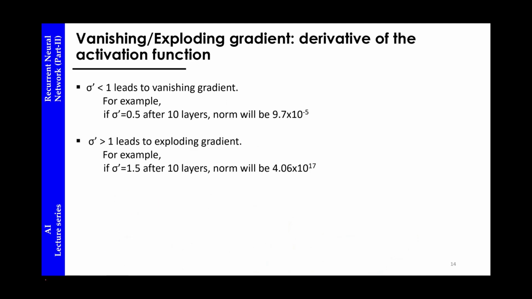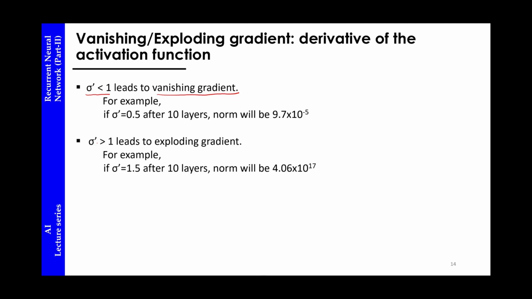First, let's start with the activation function. You know that activation functions are continuous and differentiable. If the derivative of the activation function is a value less than 1, we will have vanishing gradients.